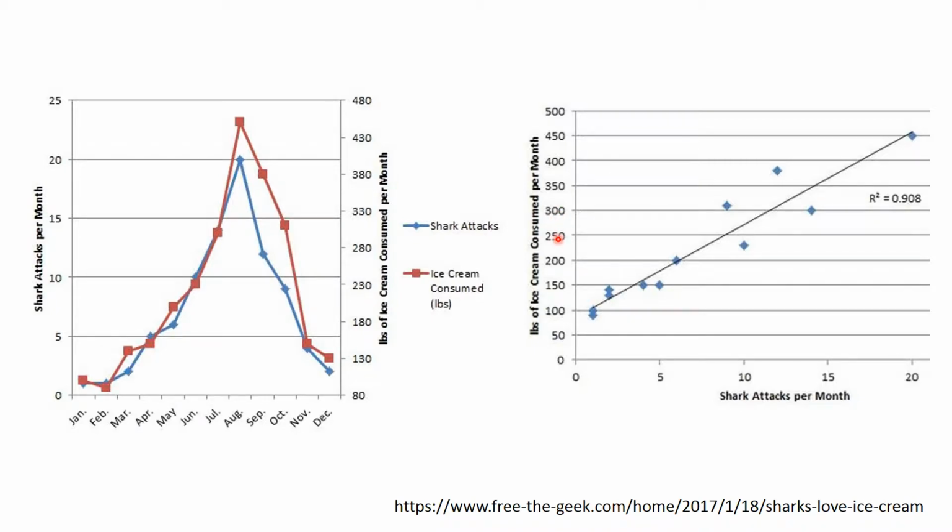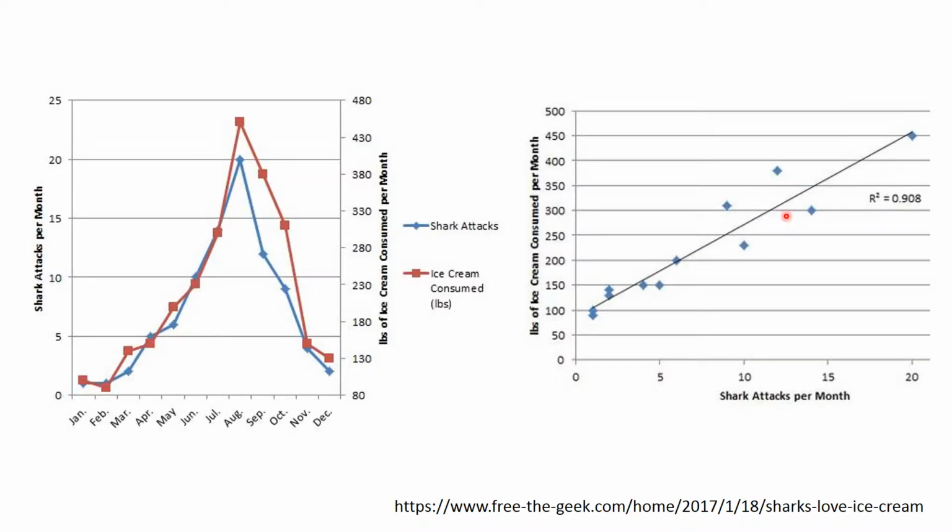Or it could be a third factor: when it's sunny, people go swimming in the water, and when it's sunny, people eat ice cream. So you do have a correlation between the two, but there's no direct causation between them.